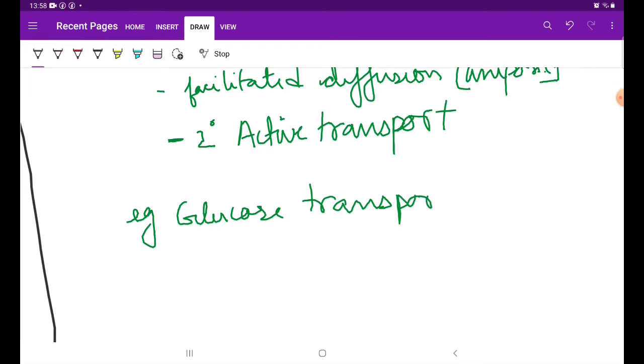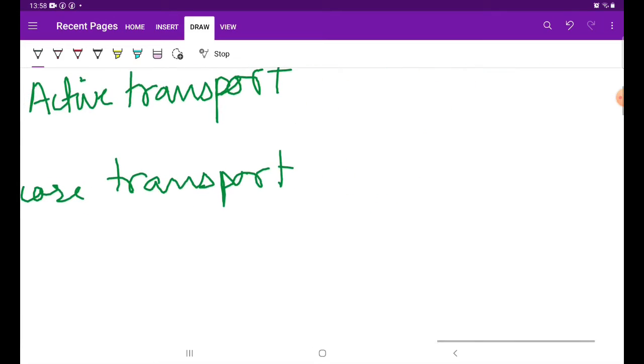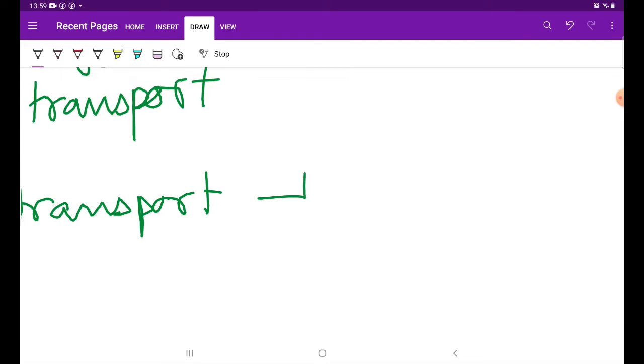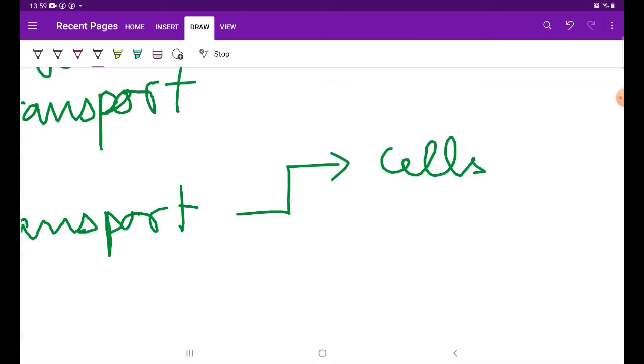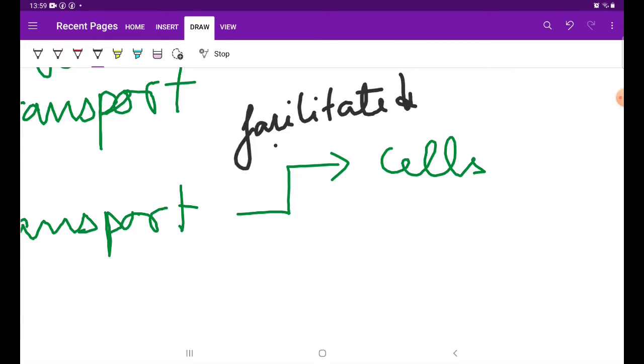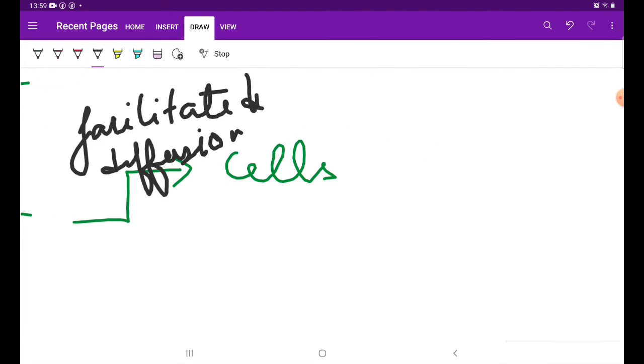So glucose is transported to all the cells via facilitated diffusion, and the protein being used here is GLUT.